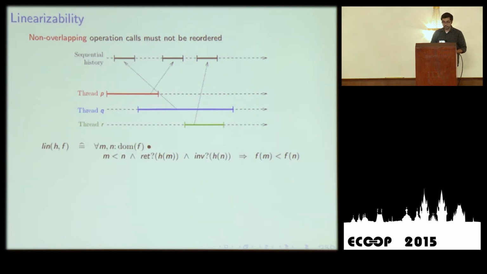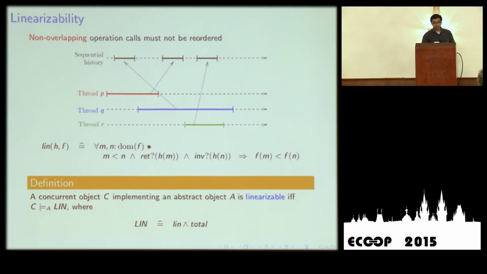To capture that ordering condition, I say that if I have mapped it in this mapping function F, and the index M precedes the index N, where M is a return and N is an invocation, then at the sequential level, that order is preserved.